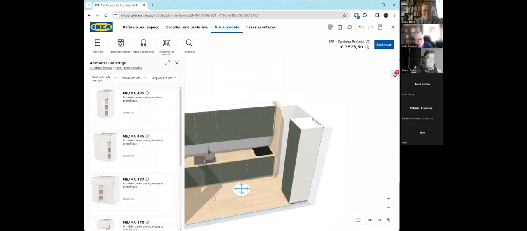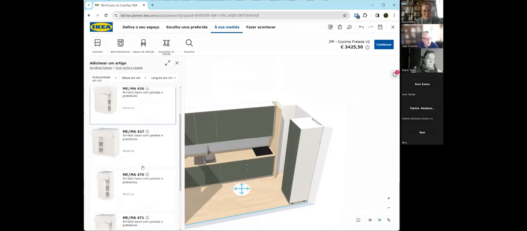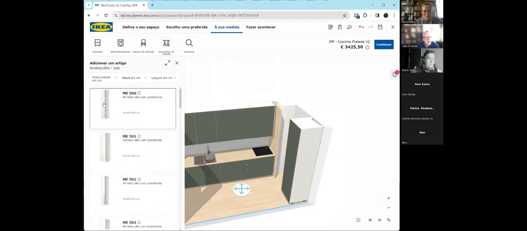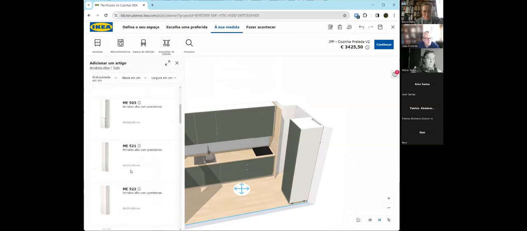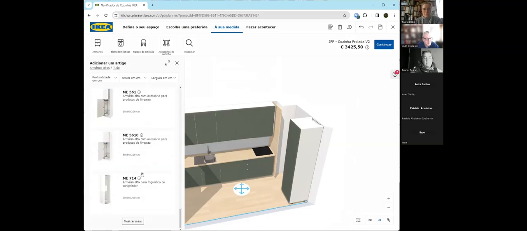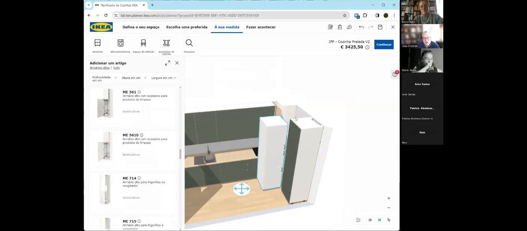Okay, so I could change this arm shape. I should have chosen an armchair with more space. For example, this is not the right height, but we can put it here. Okay.